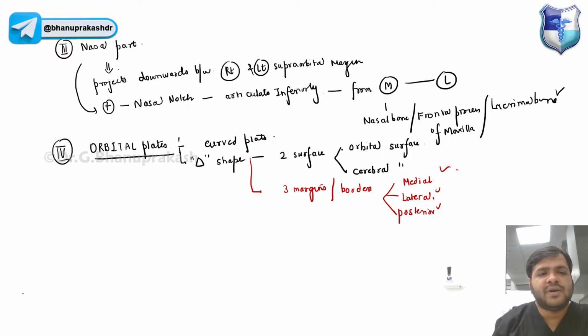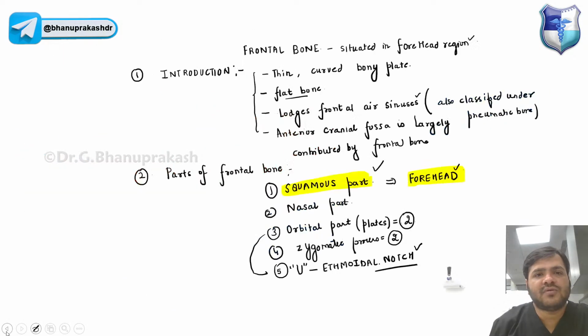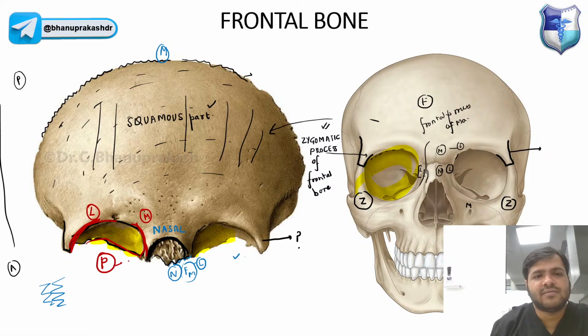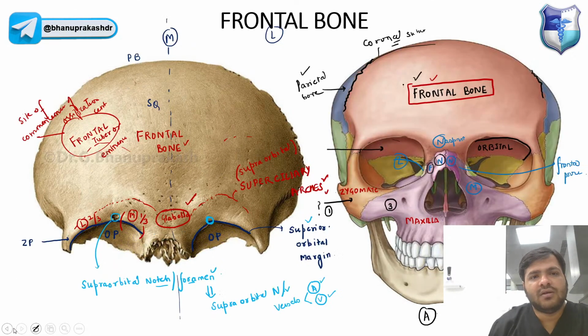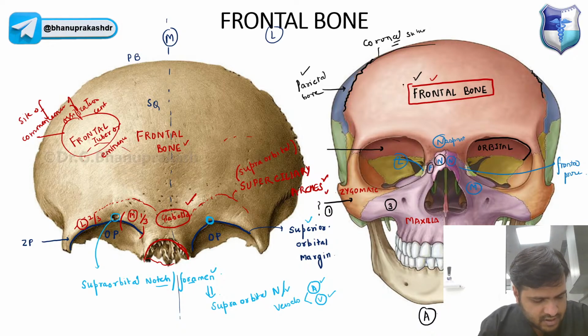Now the two orbital plates, if you focus over here, basically give a U-shaped notch over here. And yes, that notch provides attachment to the ethmoid bone, right?